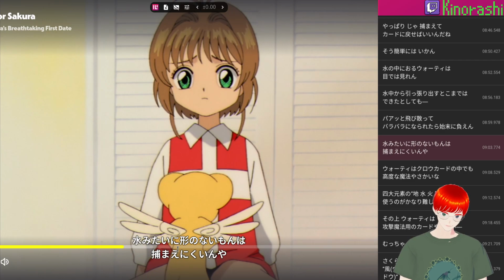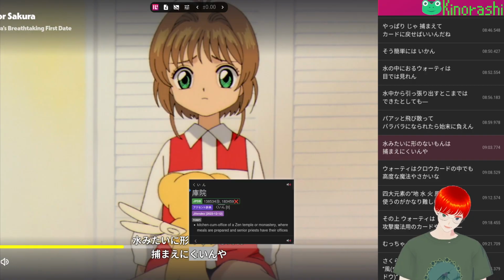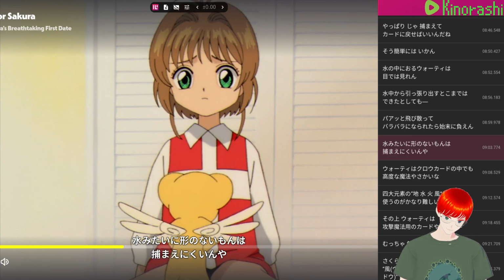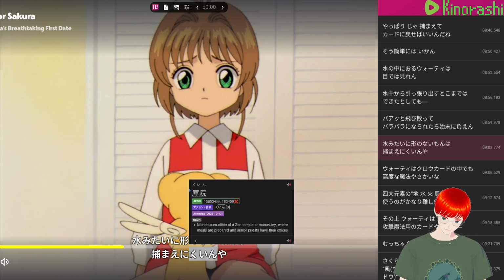So 水みたいに形のないもんは捕まえにくいんや。 This is just the noun form of catch. 捕まえ, catch, if you're referring to it as a noun.